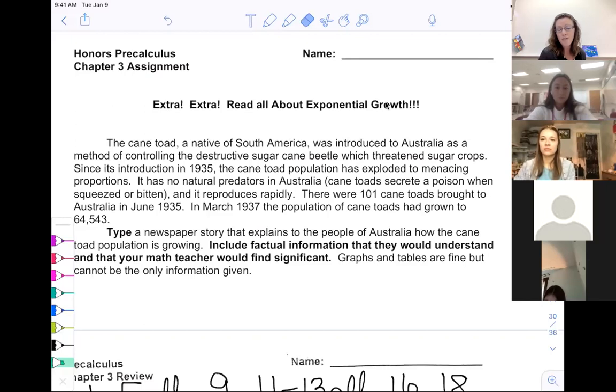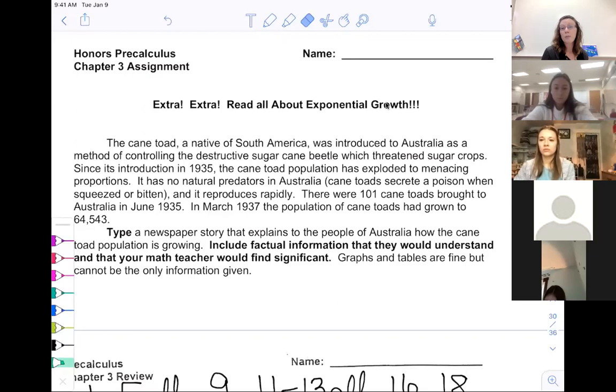So the goal is for you to make a news story that explains to the people of Australia how the cane toad population is growing. It says include factual information that they would understand and that your math teacher would find significant. Graphs and tables are fine, but shouldn't be the only information that is given.